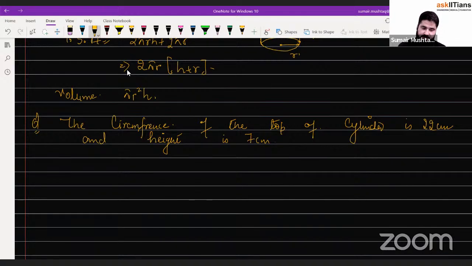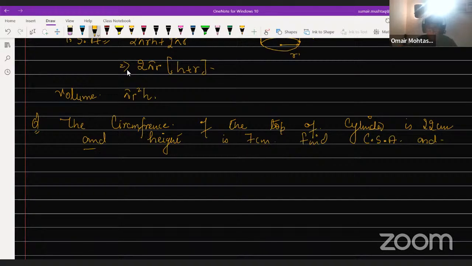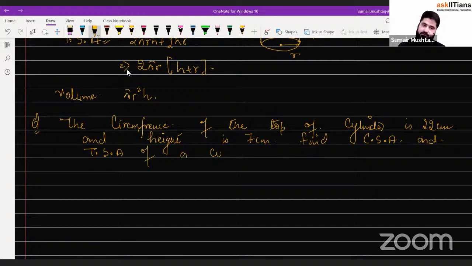What you need to do: find the CSA, curved surface area, and the TSA, total surface area, of the cylinder.